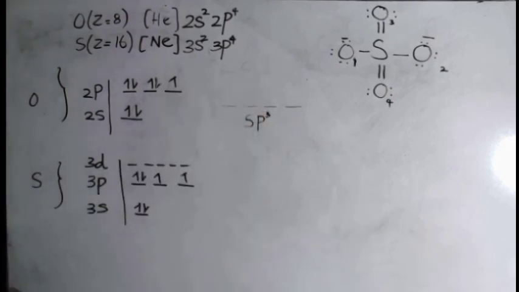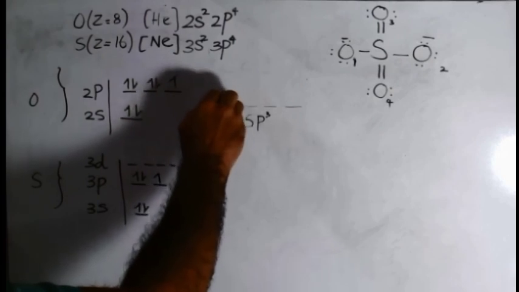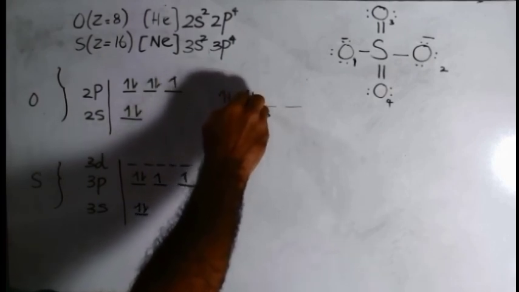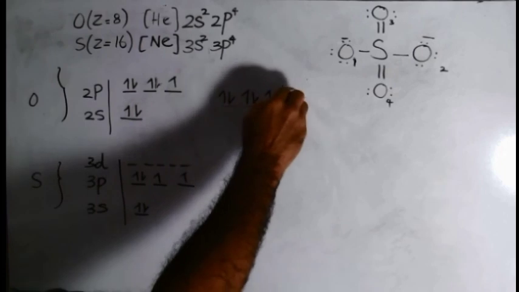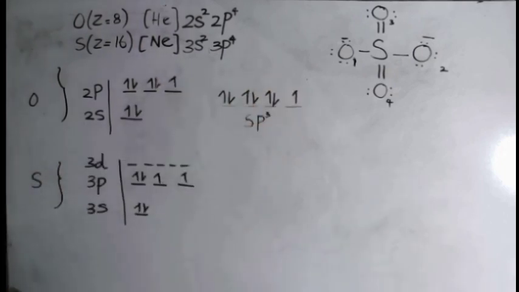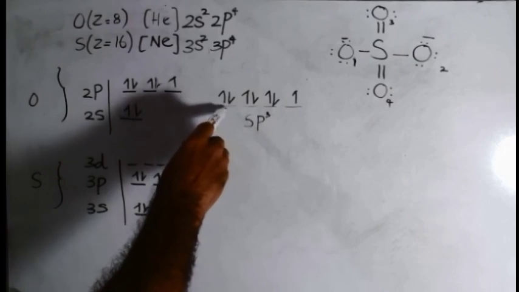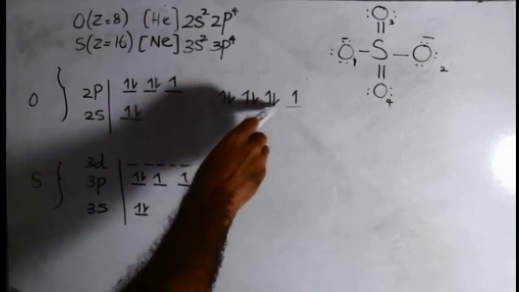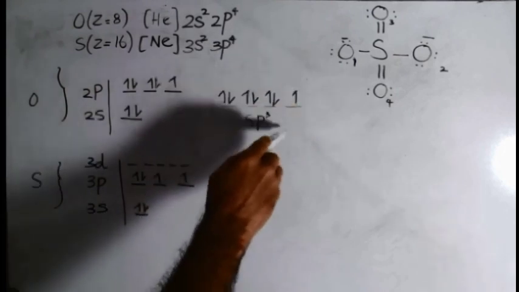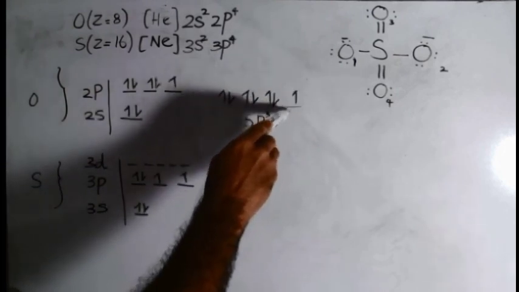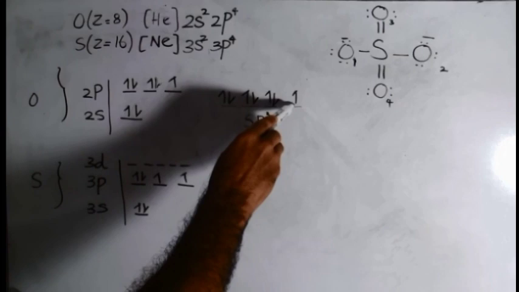So we can say we have 4 sp3 hybridized orbitals. So electrons are not going to change. Now we can see these coupled electron pairs act as lone pairs here. Only one uncoupled electron is going to be used to make the sigma bond.